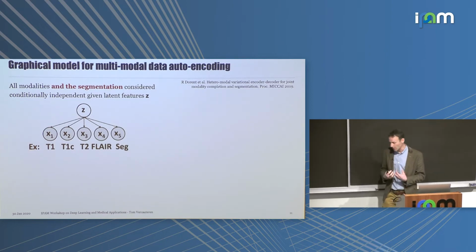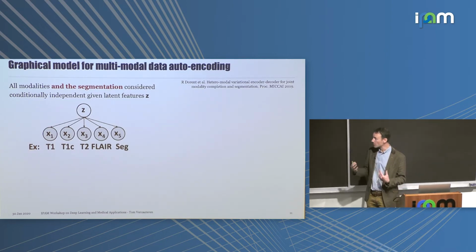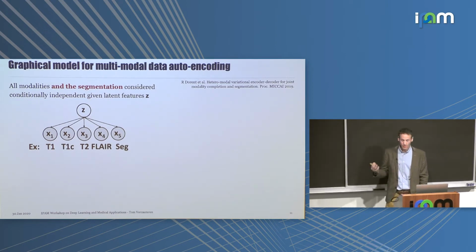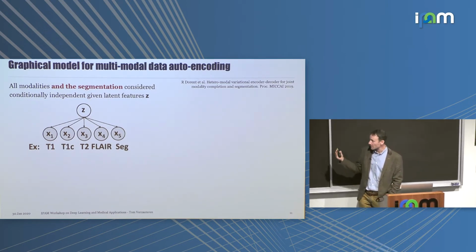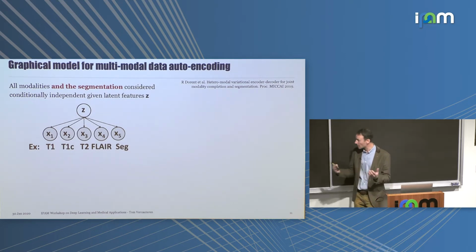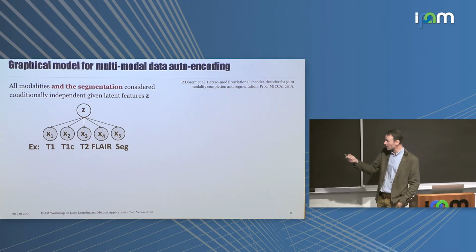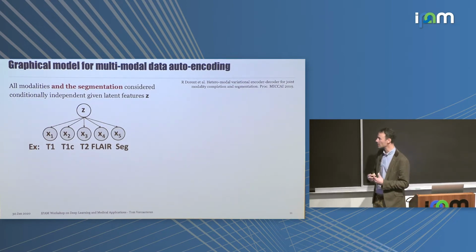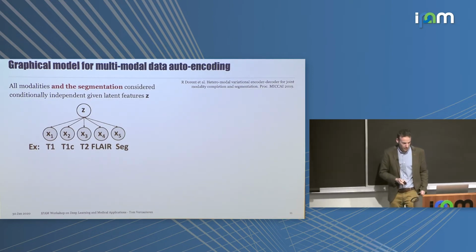What we decided to do is to take a latent space, have latent features Z here, and from this latent space, we would be able to generate all the imaging modalities, but also the segmentation. So we treat the segmentation in the same way as any imaging modality for the sake of the probabilistic model here.